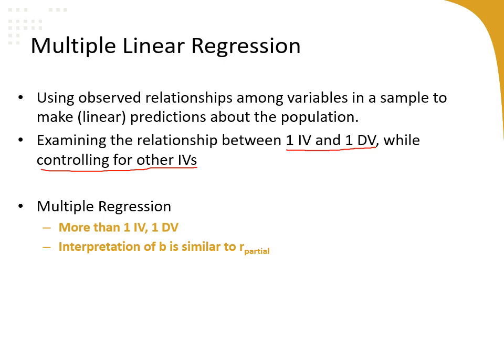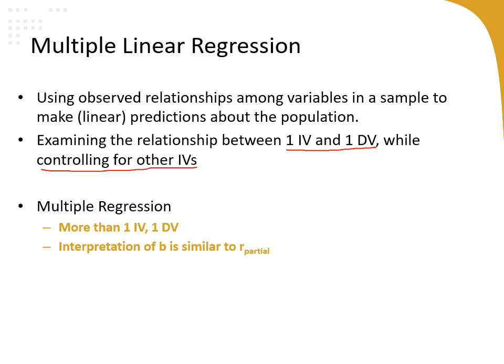This is really nice because remember, a correlation only allows you to look at two variables at once, but a multiple regression allows you to look at several independent variables simultaneously to see which independent variable has the strongest relationship with the dependent variable, while controlling for the fact that a lot of your independent variables are co-occurring.